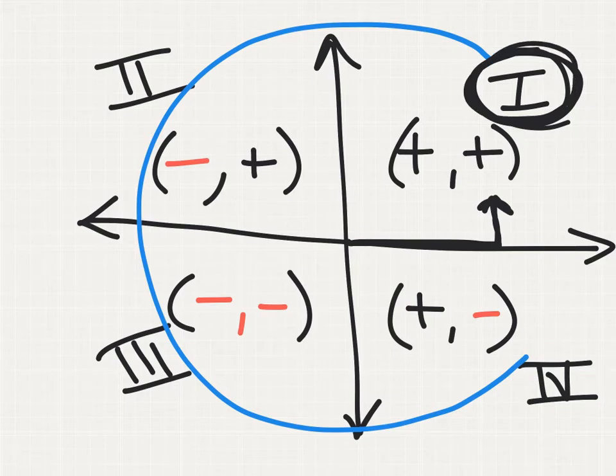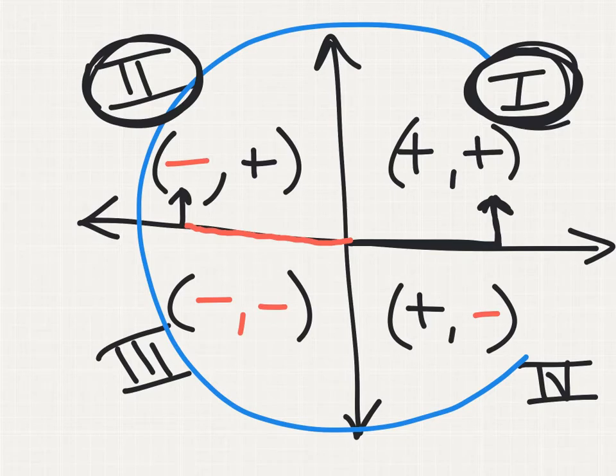Whenever my integers are x negative, y positive, that's along the x-axis to the left for negative, and up the y-axis for positive, which puts me in quadrant 2. Whenever both integers are negative, x and y, I travel left to the negative integers for x and then down for y.